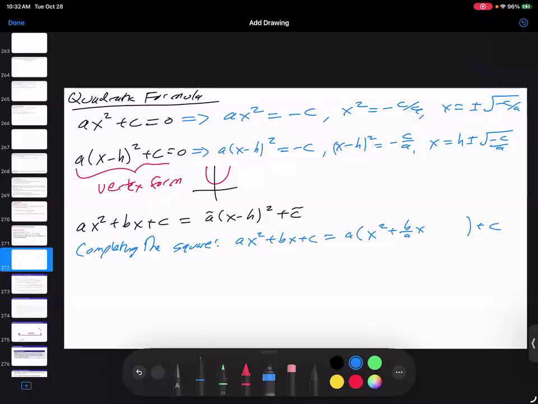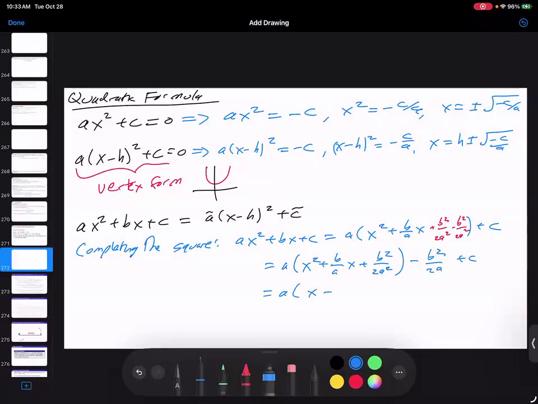And whenever you write something with a big space like this, it's because we're going to be putting something in. And so I can put in b squared over 2a squared and subtract b squared over 2a squared. And now what we have is a times (x squared plus b over a x plus b squared over 2a squared) minus b squared over 2a plus c.